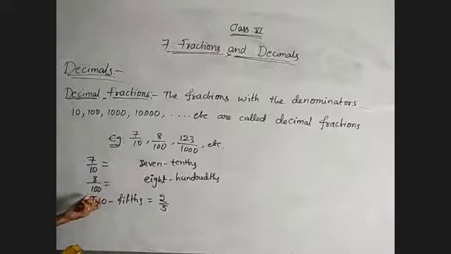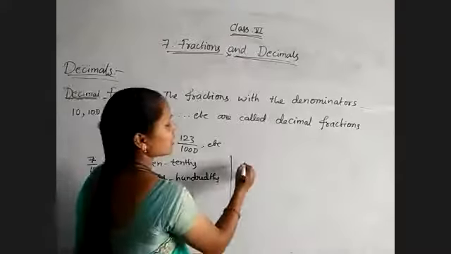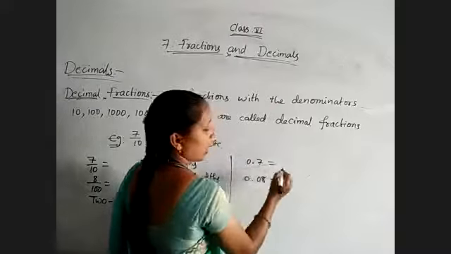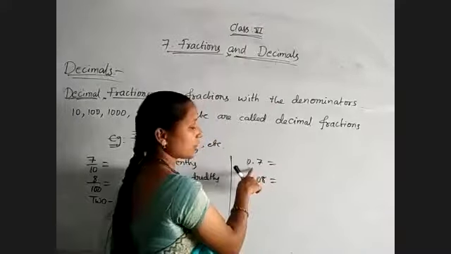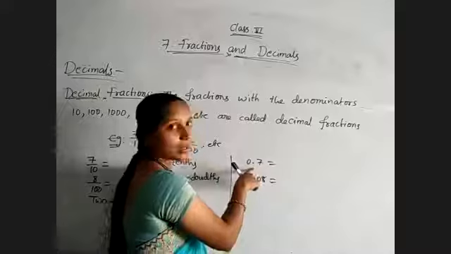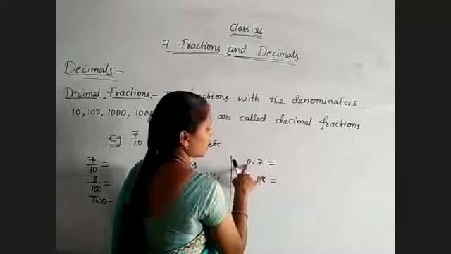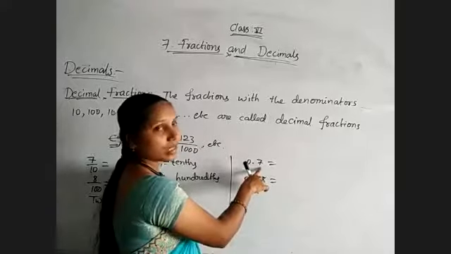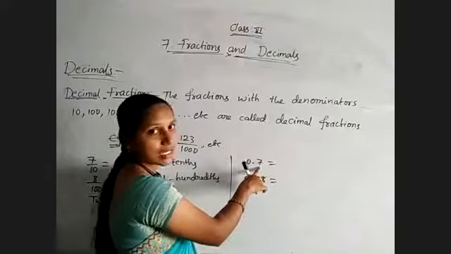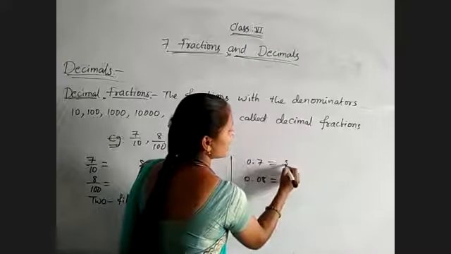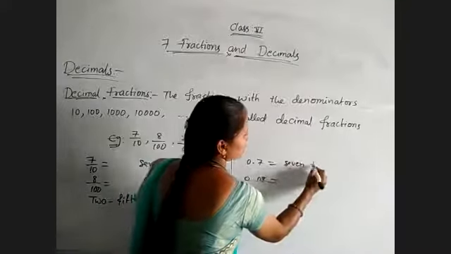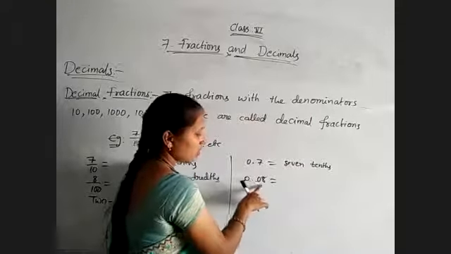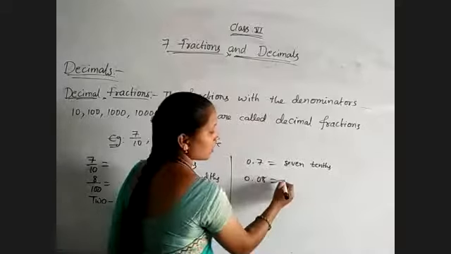If I'm writing a decimal number, that is 0.7 and 0.08, how will we read 0.7? In the whole number part, 0 we have, means there is no number, and in the decimal part one digit is there, in the tenths place, so it is 7 tenths. And 8 is in the hundredths place, so 8 hundredths.